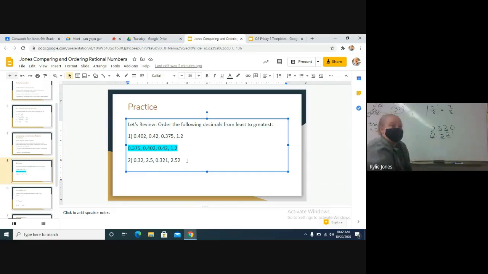Which one is less, 320 or 321? 320 is less. So what's our first number that's going to go there? 0.32. Then what's going to go next? 0.321. Good.